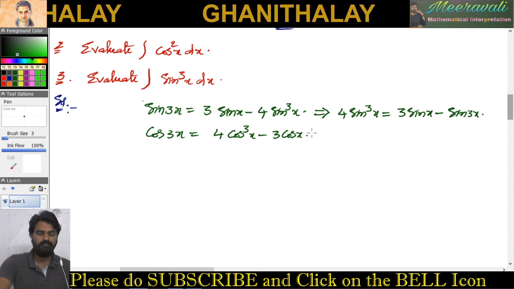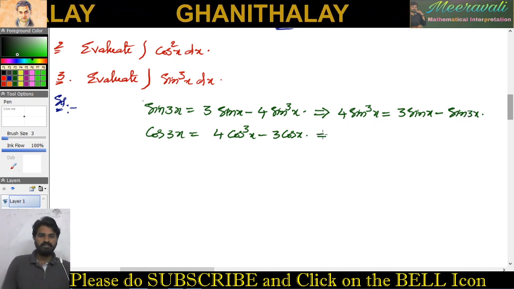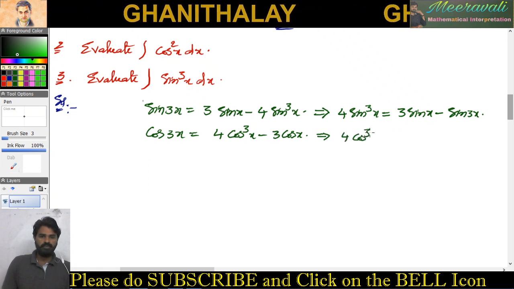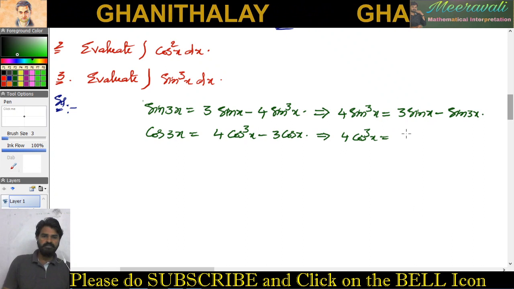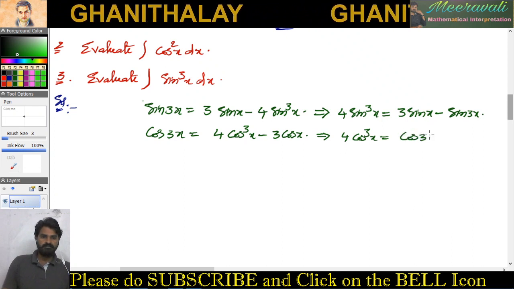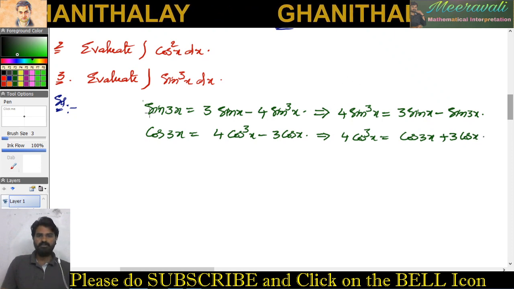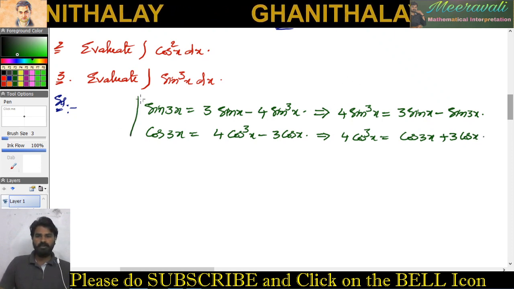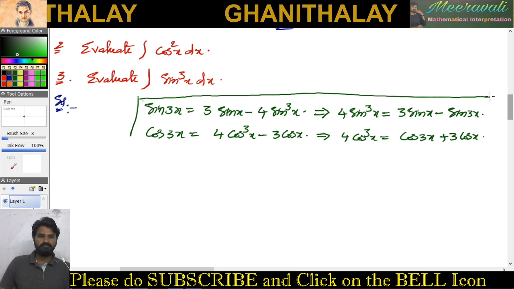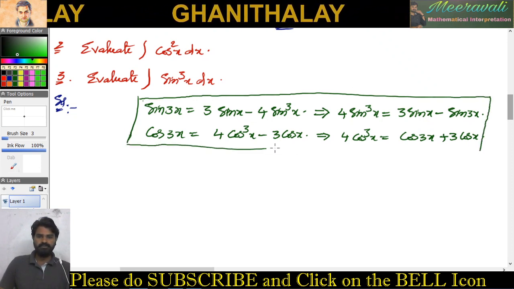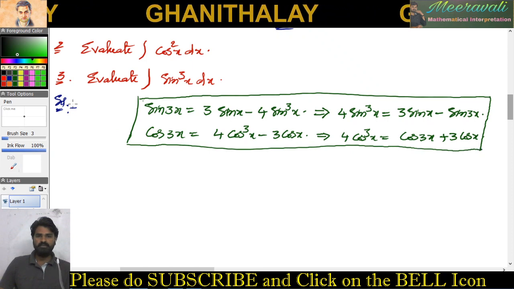Okay, this is the formula. When cos 3x is given, you can write 4 cos cube x is equal to cos 3x plus 3 cos x. These are the formulas you have to use here. They are the power reduction formulas for the trigonometric functions. Now you can use them by taking the given problem.